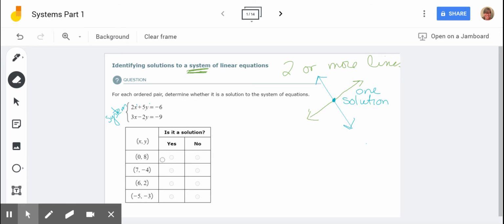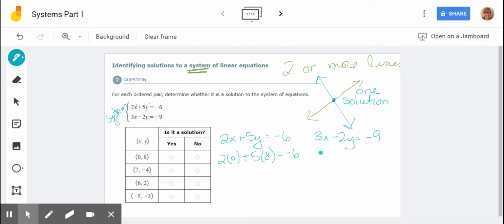Okay, the way I like to do it is just write the two equations on the top here. So 2x + 5y = -6, and 3x - 2y = -9. And then what I like to do is just start plugging in the points. So remember, a solution has to fit both equations.